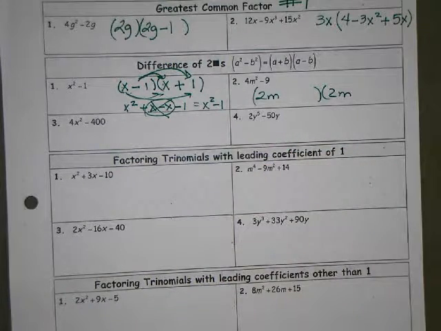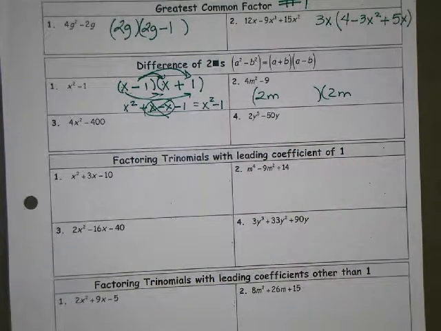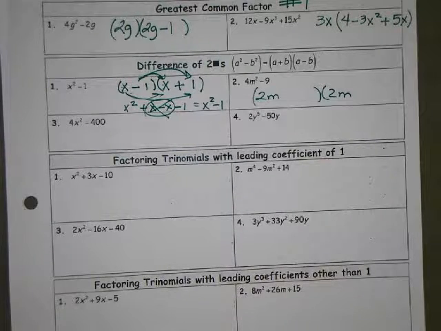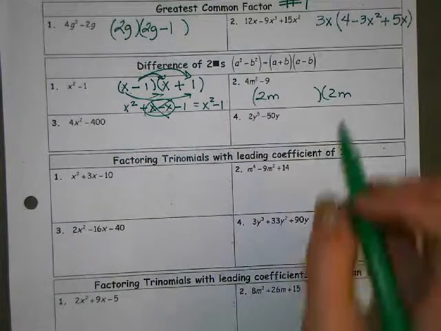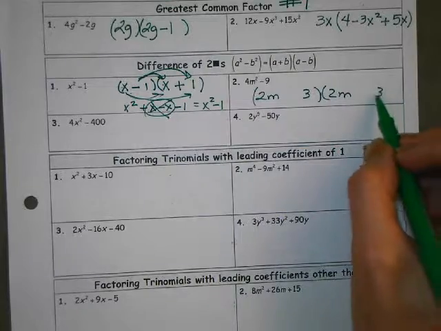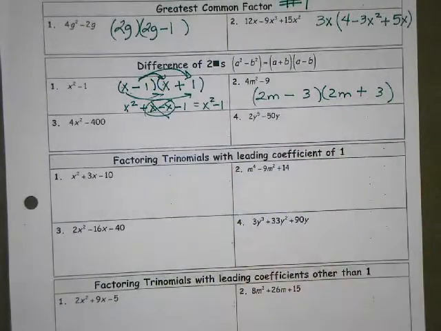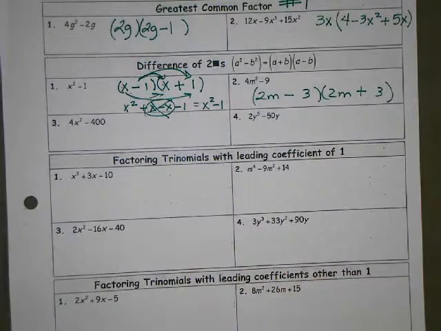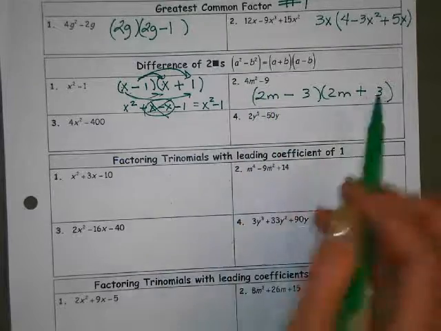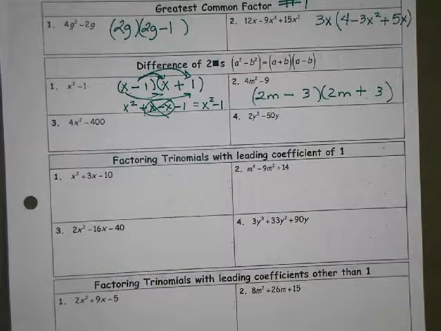Alright? Is 9 a perfect square? Yeah. What times itself gives you 9? 3. So 3 goes here, 3 goes here. And then one's a minus, one's a positive. It doesn't matter which is which. You can make this positive, that minus, it doesn't matter. And that's how easily you can take that number and break it out into its factors.